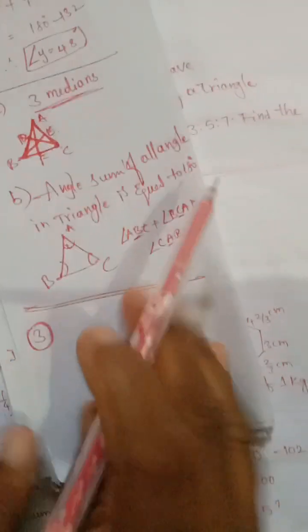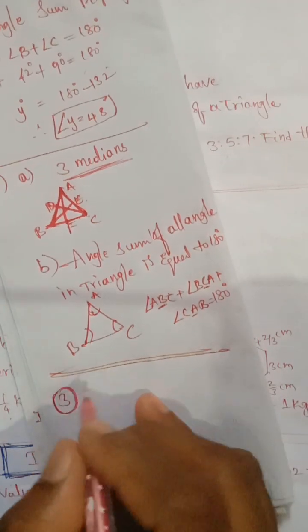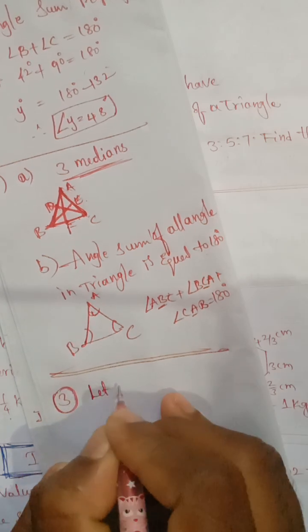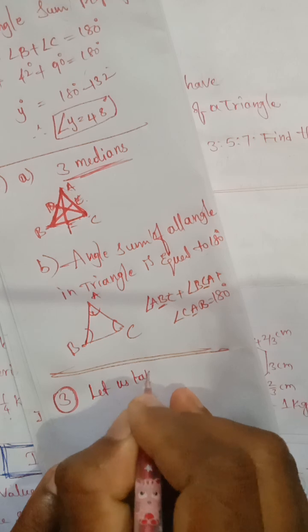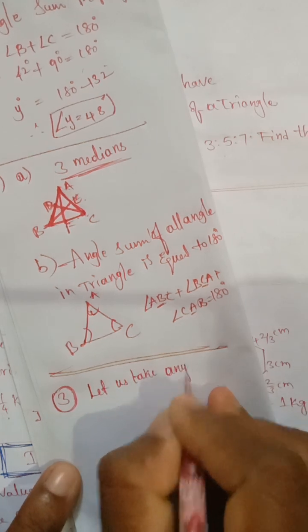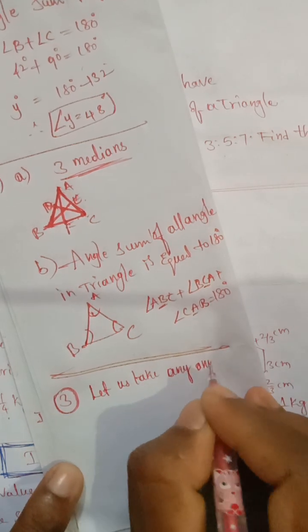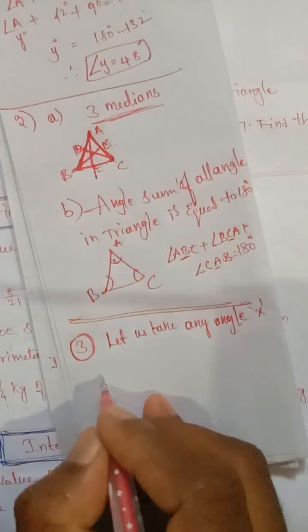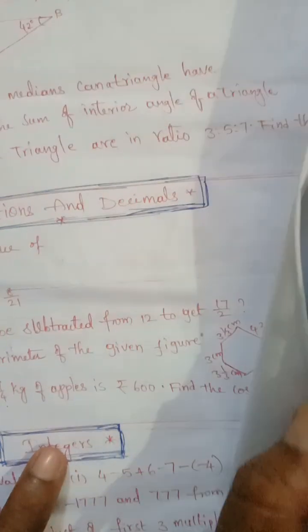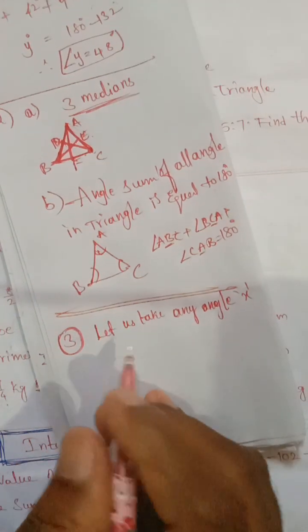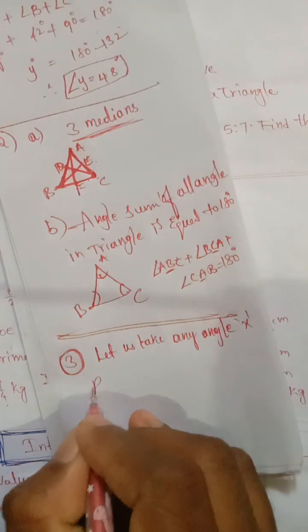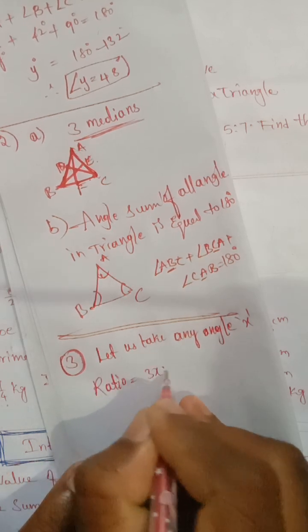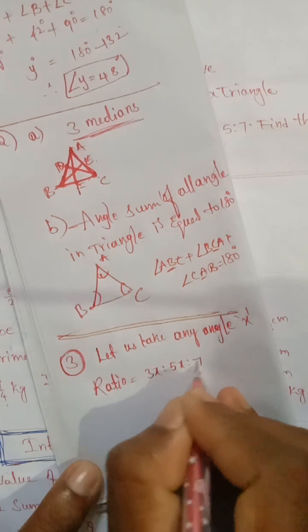Let us take any angle as x. So the ratio 3:5:7 becomes 3x, 5x, 7x.